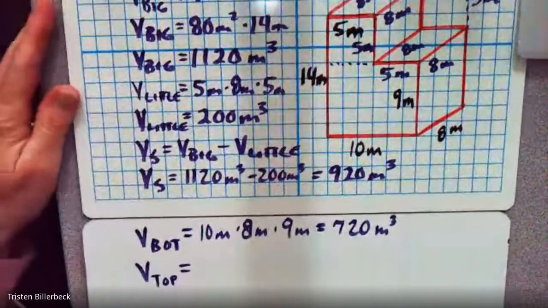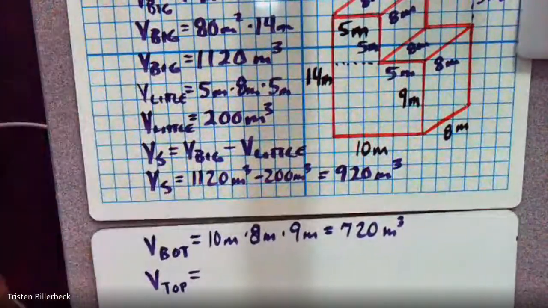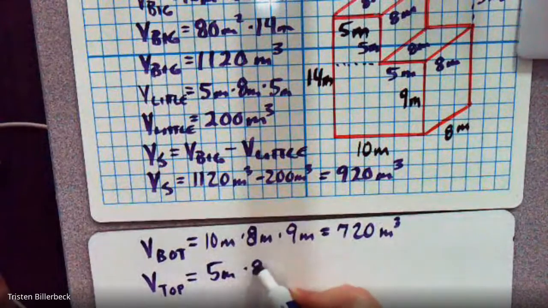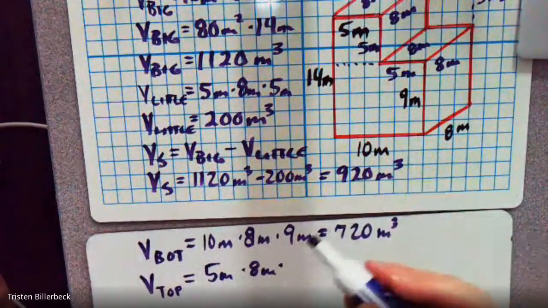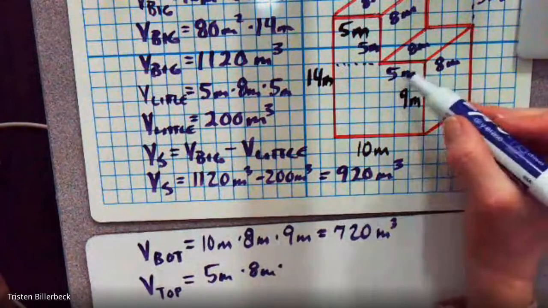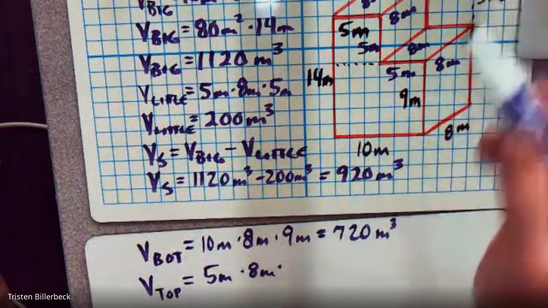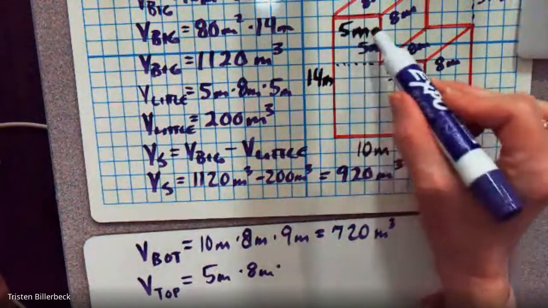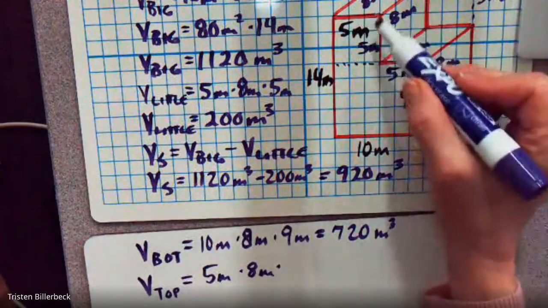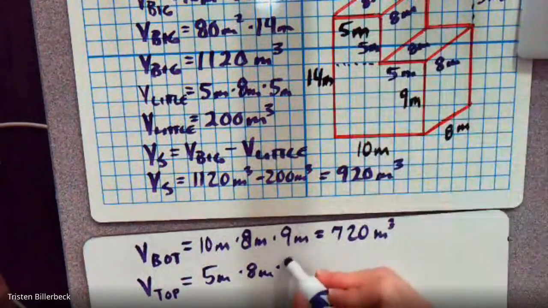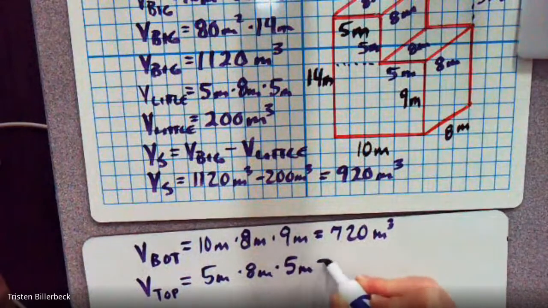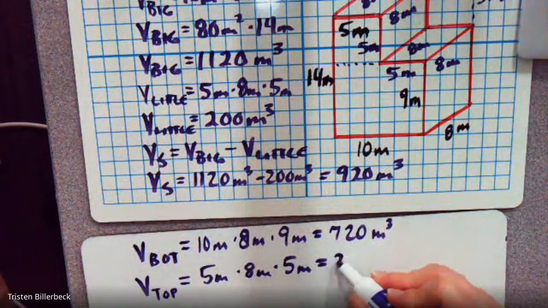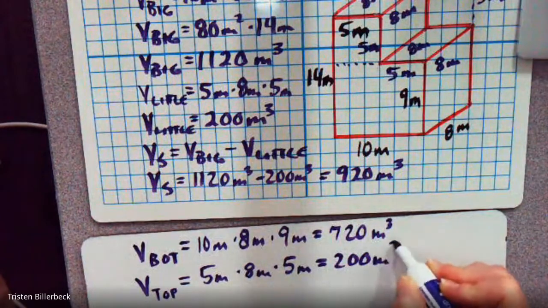The volume of the top is 5 meters times 8 meters times 5 meters again. So we have 5 meters, 8 meters, and 5 meters. Oops, it's this one. 5 meters across, 8 meters here, and then this one here is 5. So this happens to be 5 times 8 is 40 times 5 is 200 meters cubed.